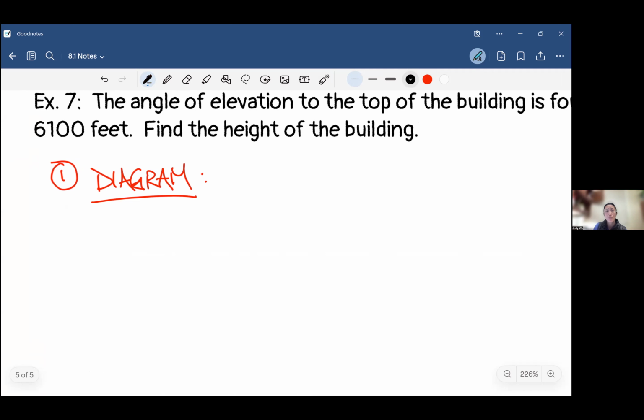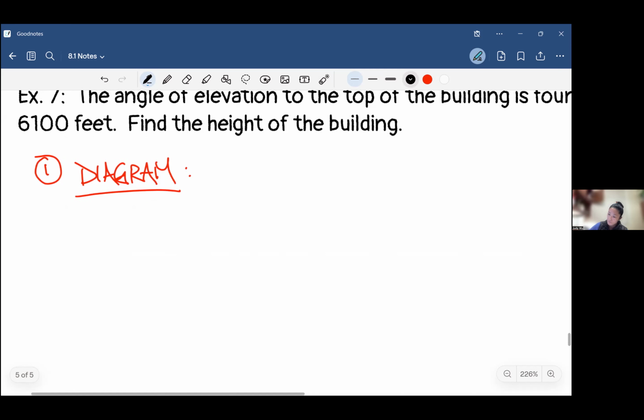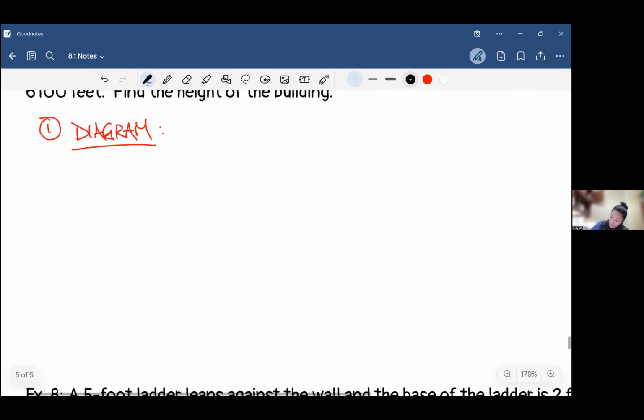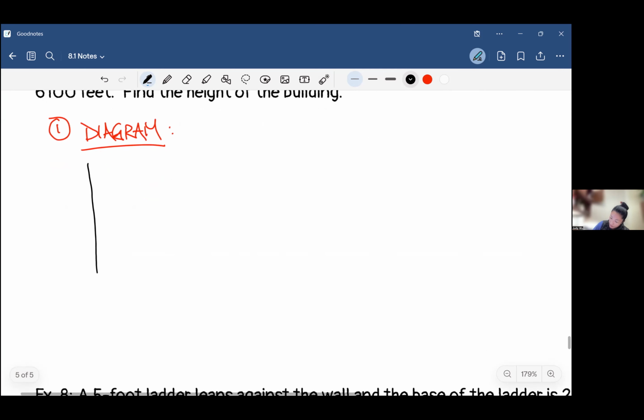Okay, so as you're going through the homework problems, just hold yourself accountable for whether you are able to draw that diagram. All right, so we've got a building, we've got a ground. We hope that they meet at 90 degrees, even though my diagrams are consistently not 90 degrees. And we're looking up to the top of the building, and this angle of elevation is 24 degrees.